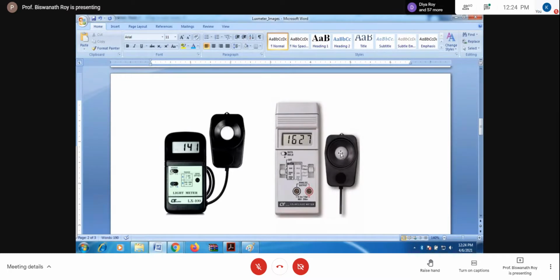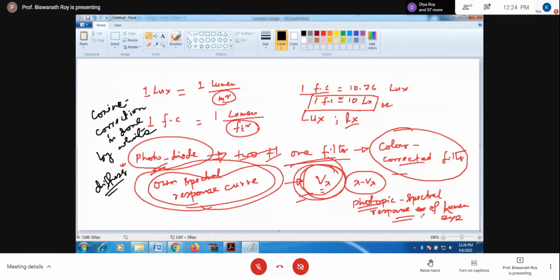Under this there is one color correction filter. So what is the sequence? If this is the cosine corrected filter, then below which this is the color correction filter.